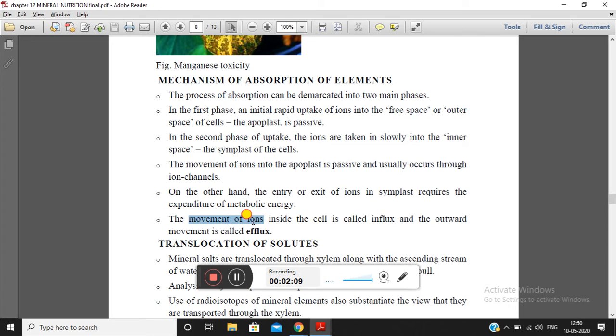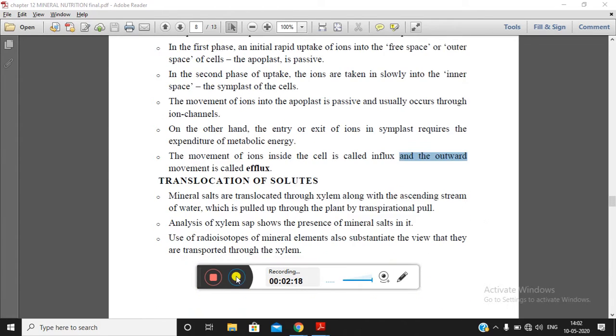Now, the movement of ions inside the cell is known as influx, and the outward movement of ions, that is, movement of ions outside the cell, is known as efflux.